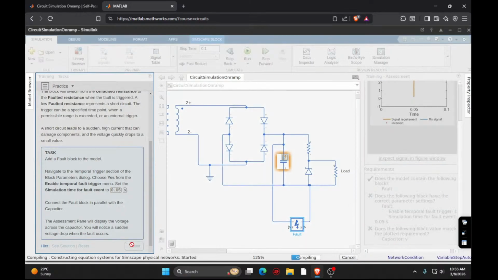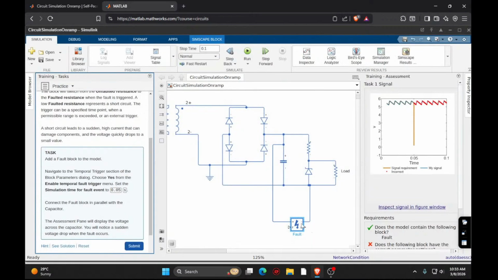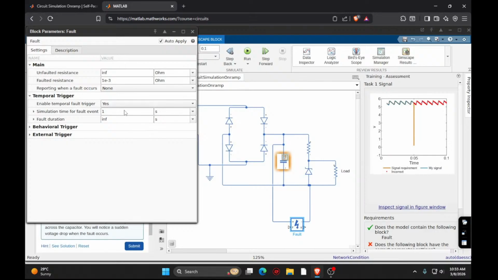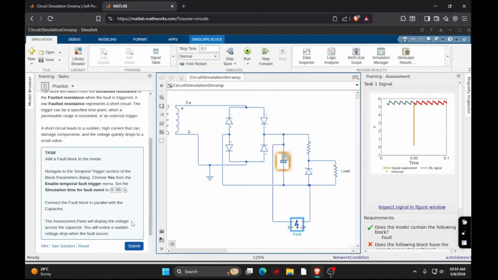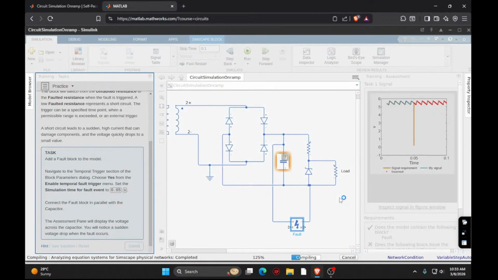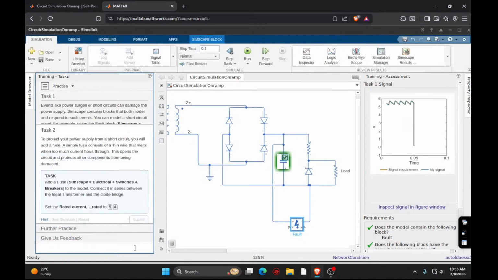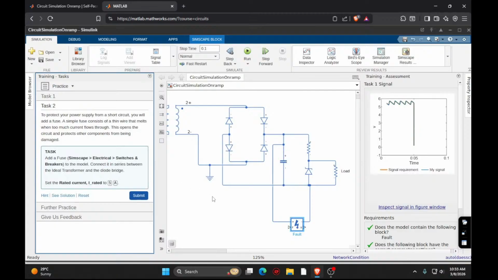It is set to 0.05 second. Okay. Now add a fuse.